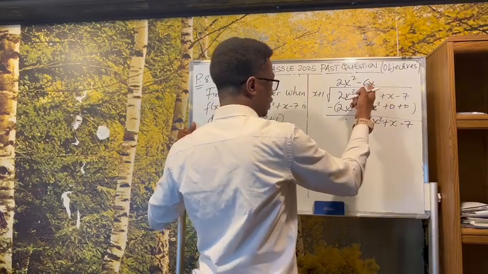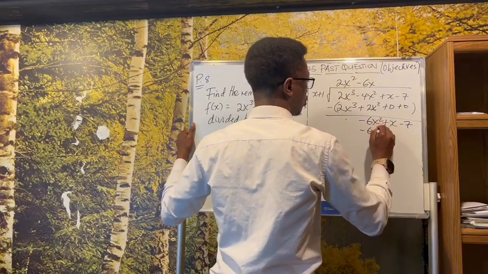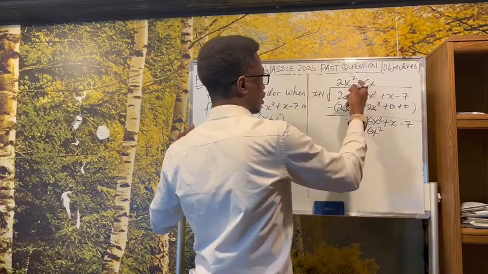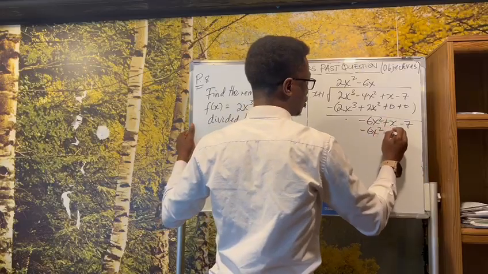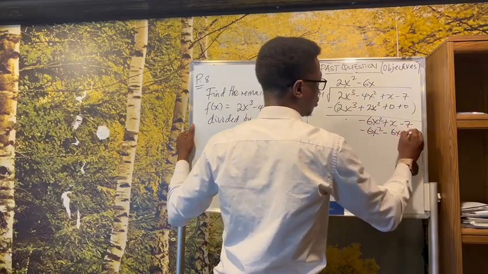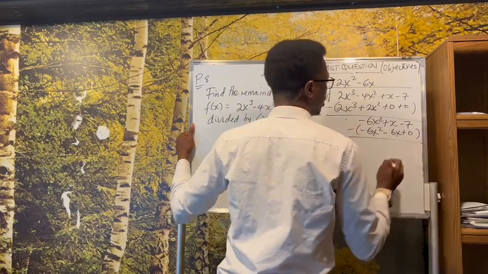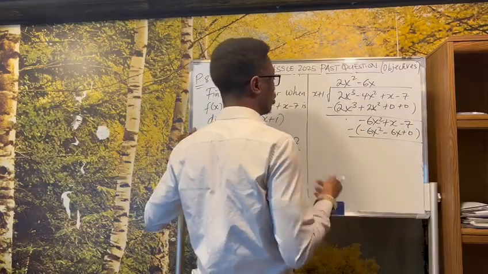Now you multiply this by x plus 1. This becomes minus 6x squared, and this term becomes again minus 6x here. Because you don't have other terms, just put 0 here. You open bracket, close it, then you put the minus outside. You subtract, or add.